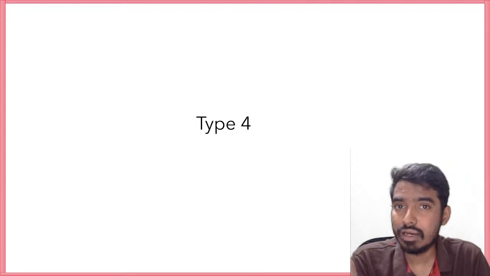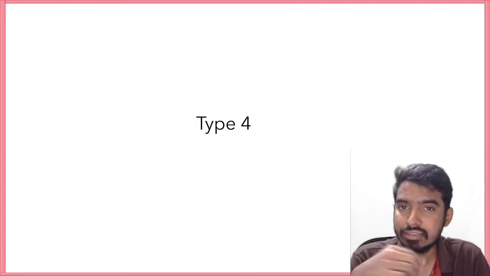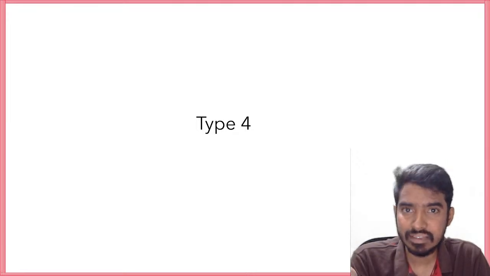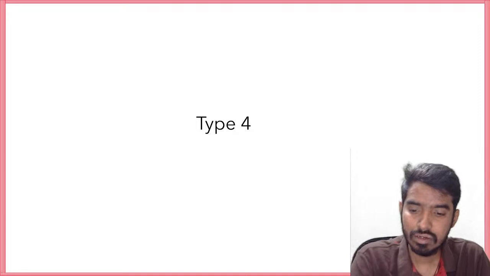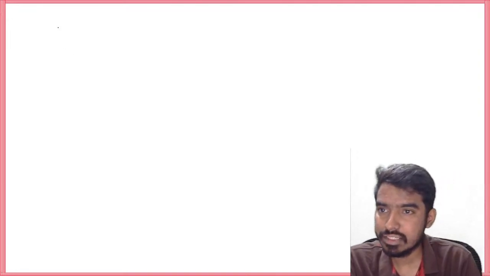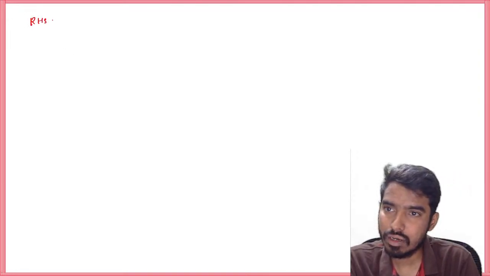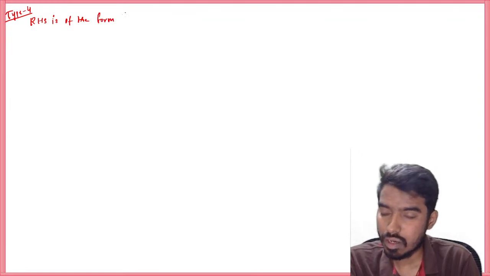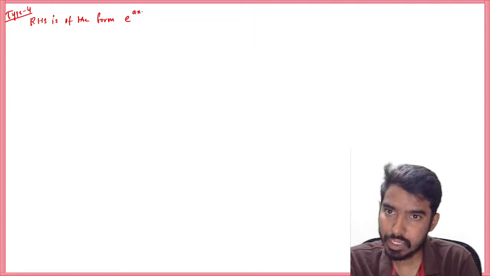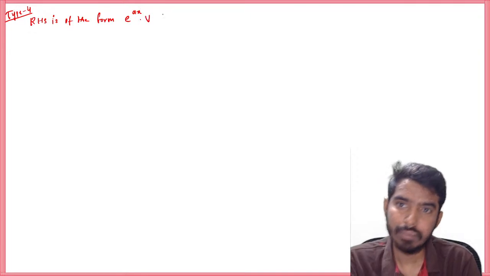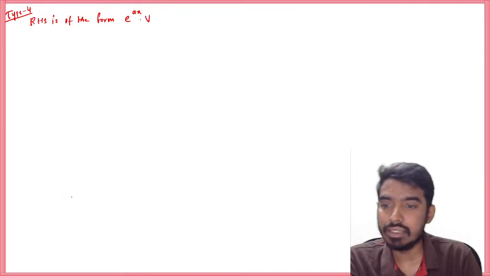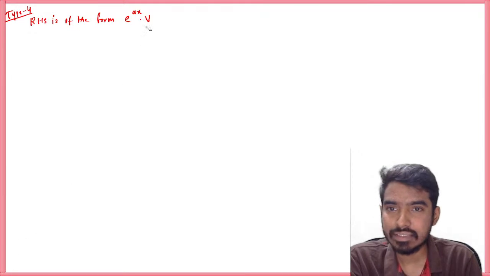Type 1 is RHS is e to the power x. Type 2 is RHS is sin ax or cos ax. Type 3 is a polynomial in x. Very easy. And now type 4, RHS is of the form e to the power ax into V, that is V can be sin ax or cos ax.